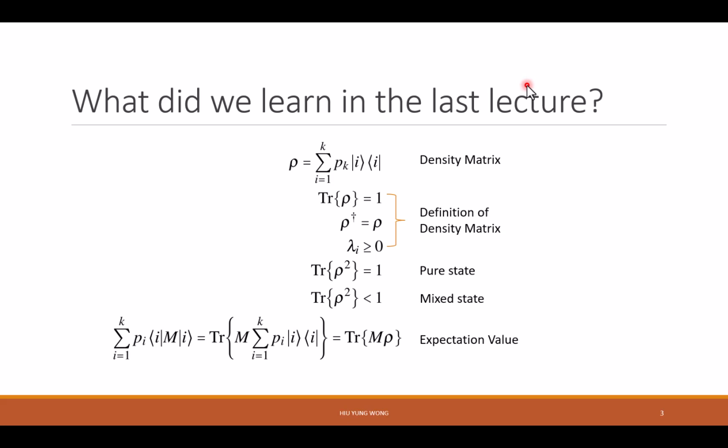If you think about when it is diagonalized, each of the elements represents the probability of getting a particular pure state, so they need to sum to 1. And that's why the trace must be 1. That's the first thing, right?